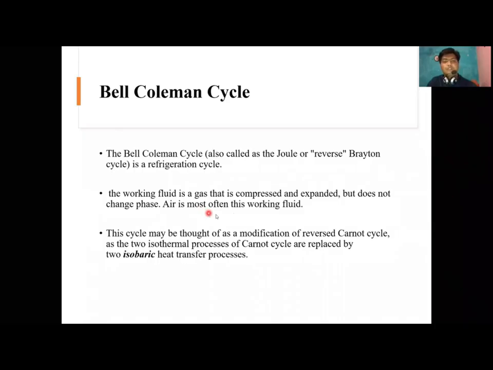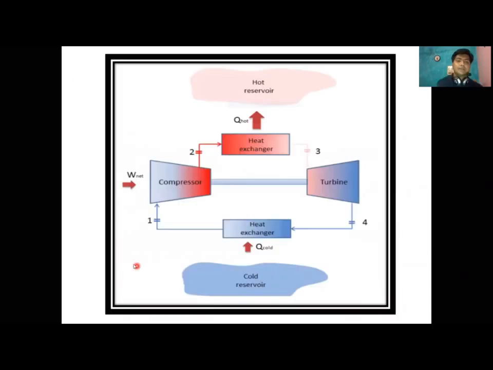Air is most often used as the working fluid. This cycle may be thought of as a modification of the reverse Carnot cycle, as the two isothermal processes of the Carnot cycle are replaced by two isobaric heat transfer processes.